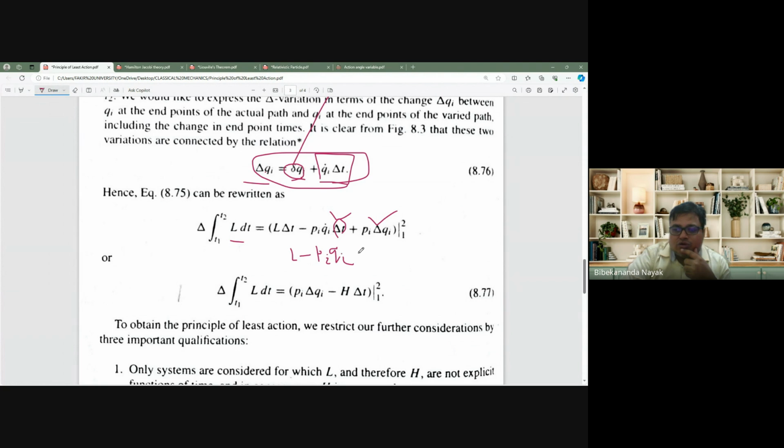We know Hamiltonian is equal to the sum of Pi Qi dot minus L. Obviously Qi dot means the sum is present everywhere. So L minus this is equal to minus H. So I write minus H for these two terms. Taking delta T common, minus H delta T. This is Pi del Qi.